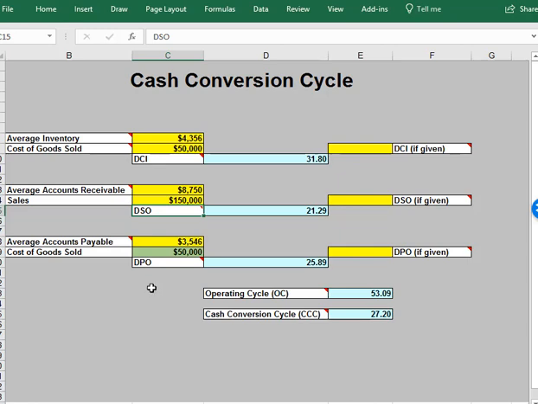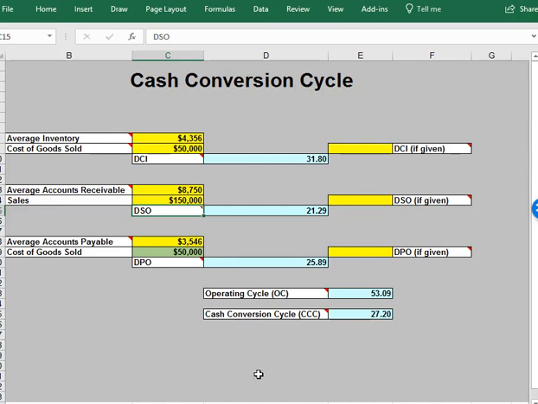Days payable outstanding is the average amount of time that it takes for us to pay our bills. In this case, it roughly takes us 25.89 days to pay for the inventory that we ultimately purchased previously in this days carry inventory.